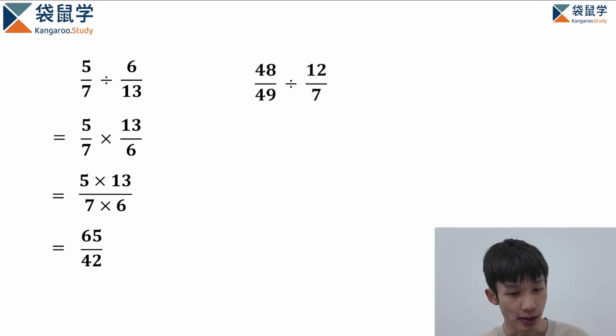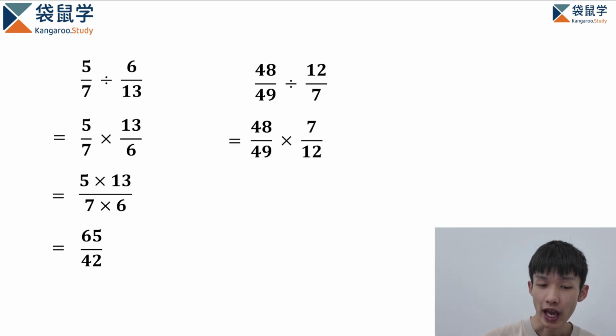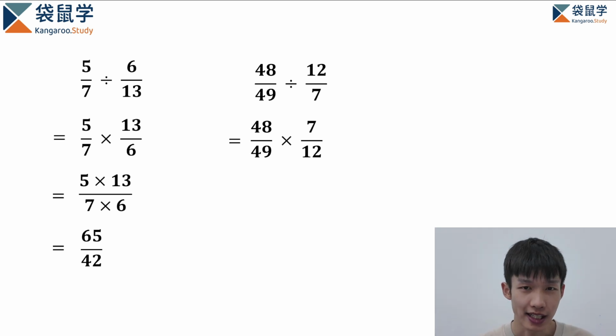Here we have another example, which is 48 over 49 divided by 12 over 7, which is quite a big number calculation. We still have a division, so we need to change it first. After that, we have 48 over 49 times 7 over 12. So what should be the next step? Should we multiply together? The next step, remember, is actually to simplify.